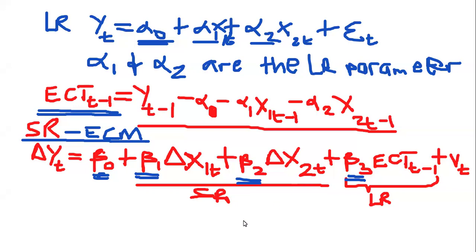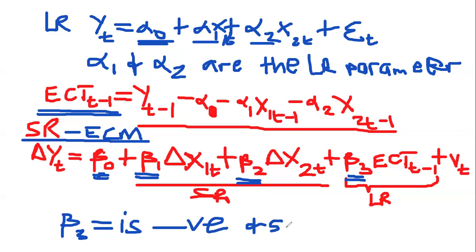And I said that this beta 3 is supposed to be negative and significant for it to have economic meaning, right?